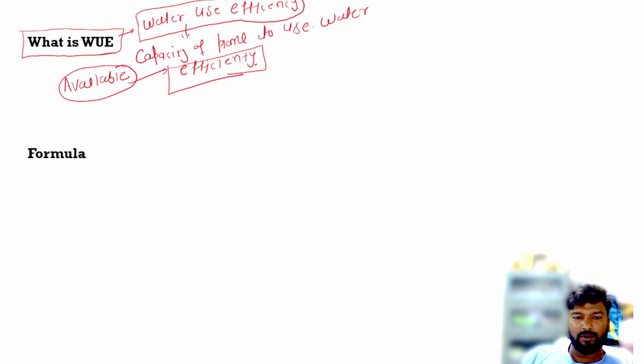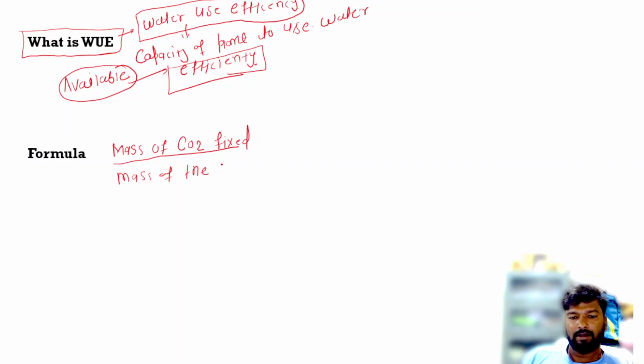So if we define the water use efficiency, the formula is the mass of CO2 fixed upon the mass of H2O transpired.